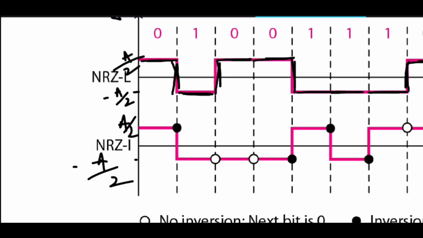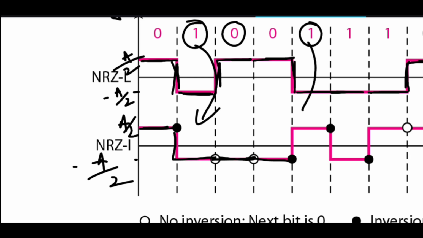For 0 it is positive A by 2, and in the next bit we are getting 1, so here is the invert, into negative. Then 0 will continue, and again 0 will continue. In the next it is 1, so it inverts.